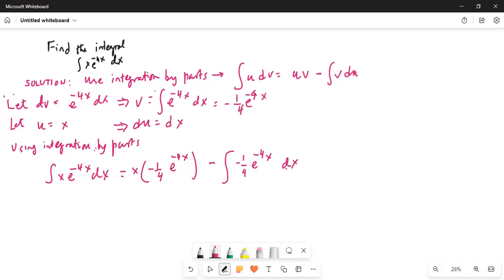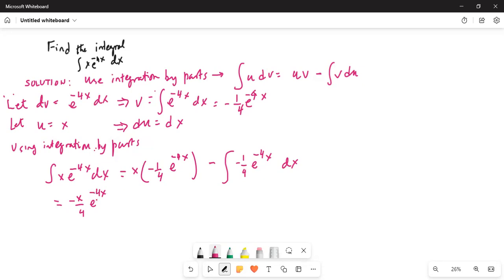So this will be equal to, I distribute the x inside the parenthesis, so minus x by 4 e to the power of minus 4x, minus, I do the integration, because of the power minus 4, that will be coming outside, and that will make it minus 1/16.